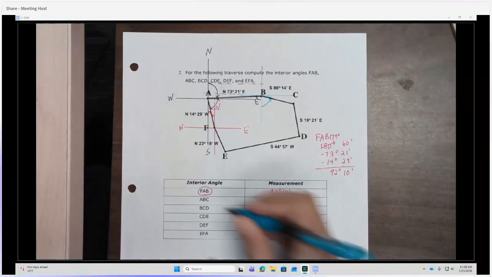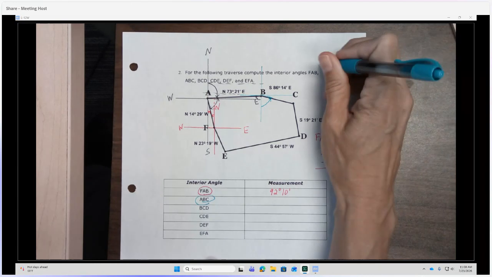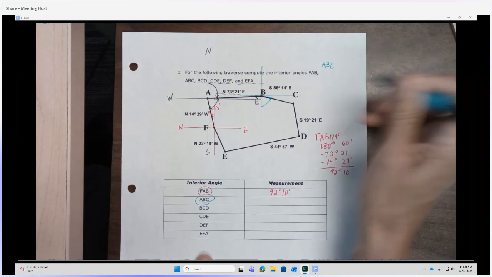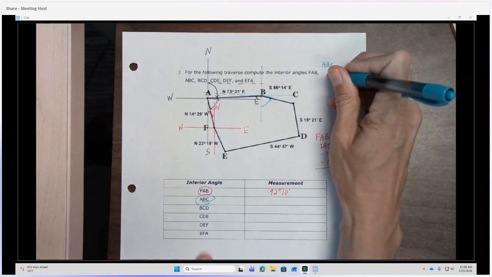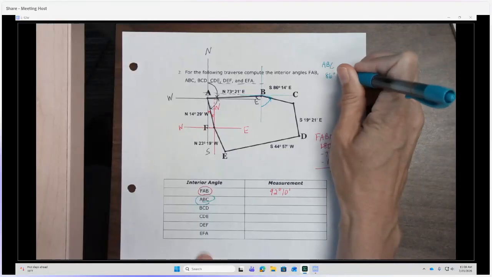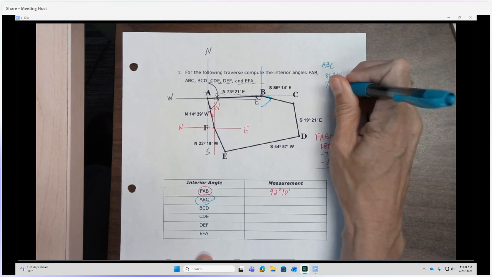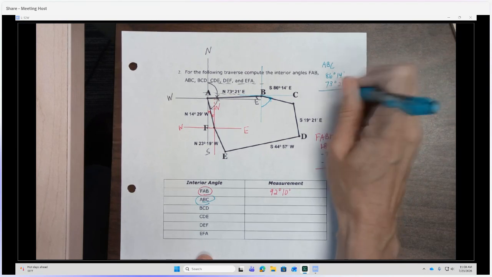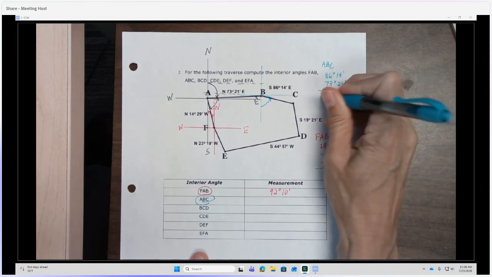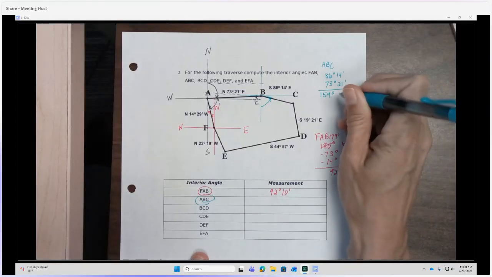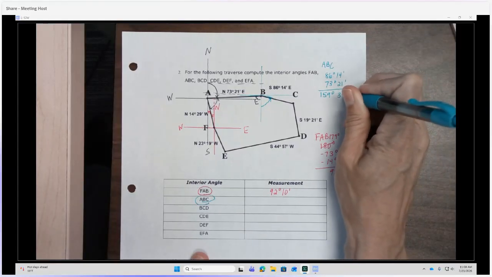And so for that ABC, I'm going to add that 86 degrees, 14 minutes, and the 73 degrees, 21 minutes. And that gets me to 159 degrees and 35 minutes.